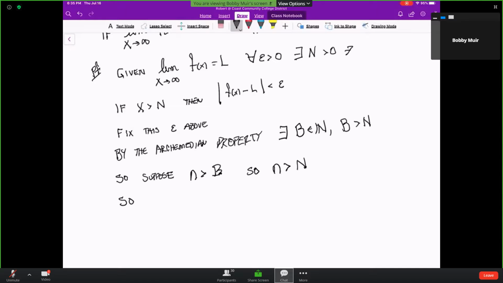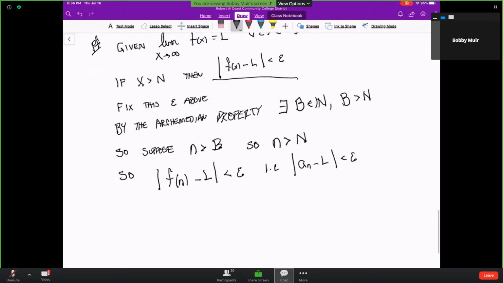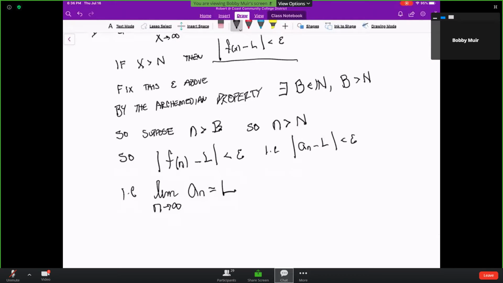So this says, according to this, anytime you feed something in that's bigger than n, f of it minus the L is less than epsilon, i.e. a_n minus L is less than epsilon, i.e. according to our definition, the limit as n tends to infinity of a_n is now going to equal L.